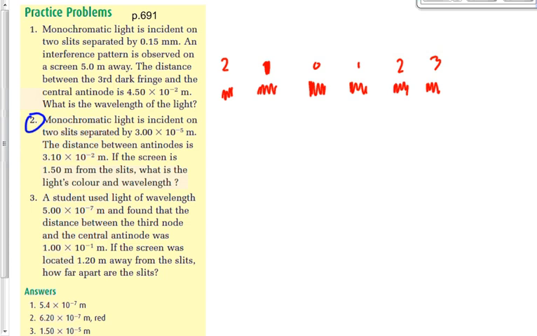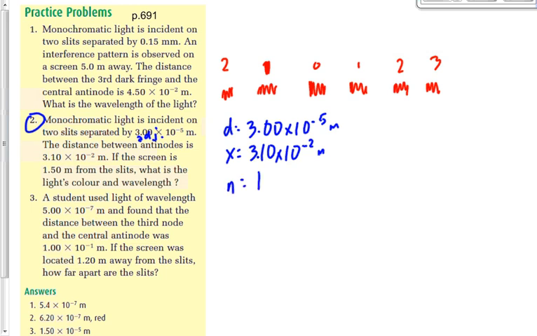We got d here is 3.00 times 10 to the minus 5 meters. The distance between antinodes, that's going to be 3.10 times 10 to the minus 2. Now, it should say between adjacent antinodes. That would make n equal to 1. L is 1.5, the distance from the screen to the openings.